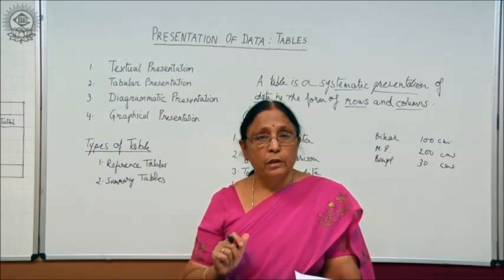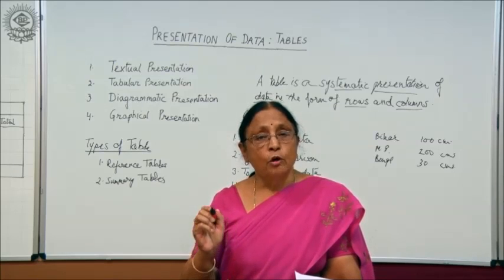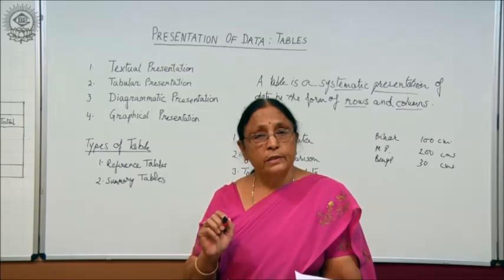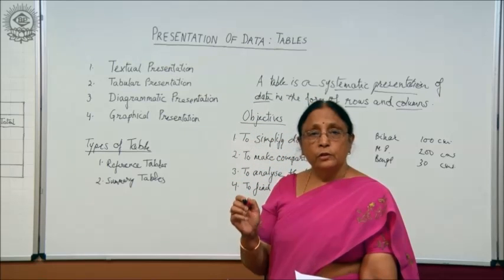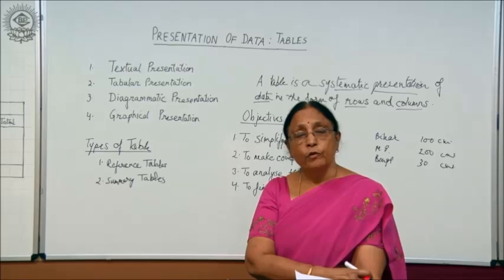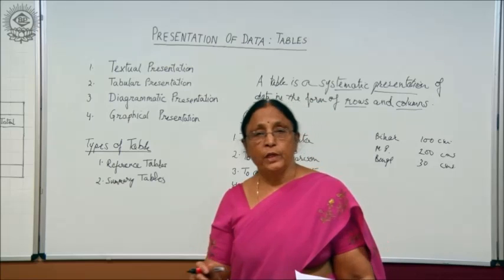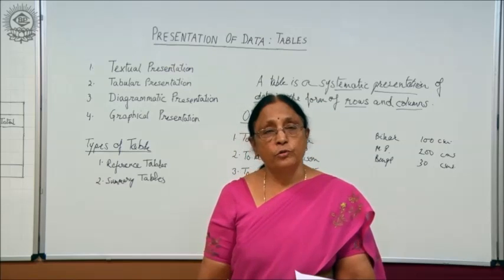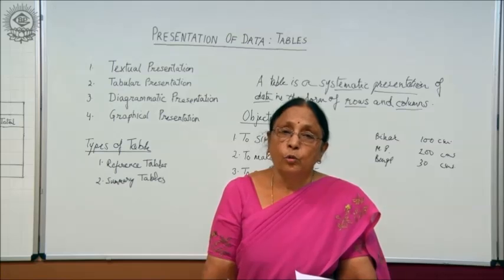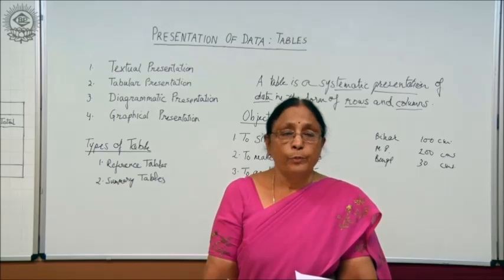For example, census of India, that is done after every 10 years. The last census that was done, that was in 2011. So census of India 2011 has the whole data regarding the population.